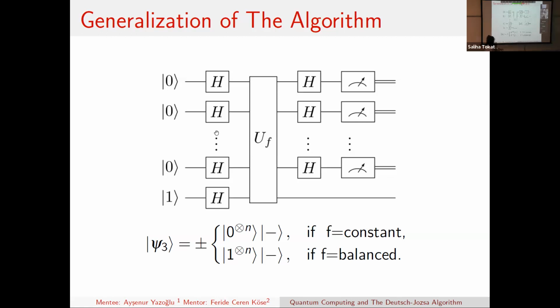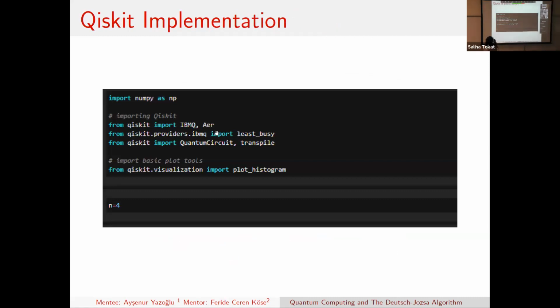Now time to implement it on Qiskit. Here, what we do is we add the libraries that we need. IBMQ here is how we can use IBM's own quantum computers and make calculations on them by requesting it.